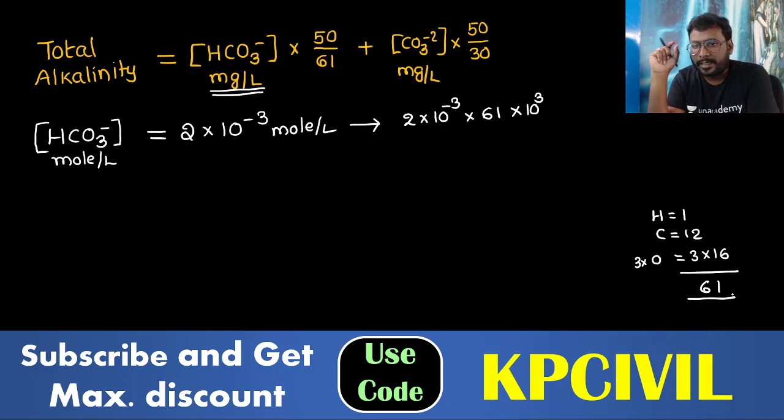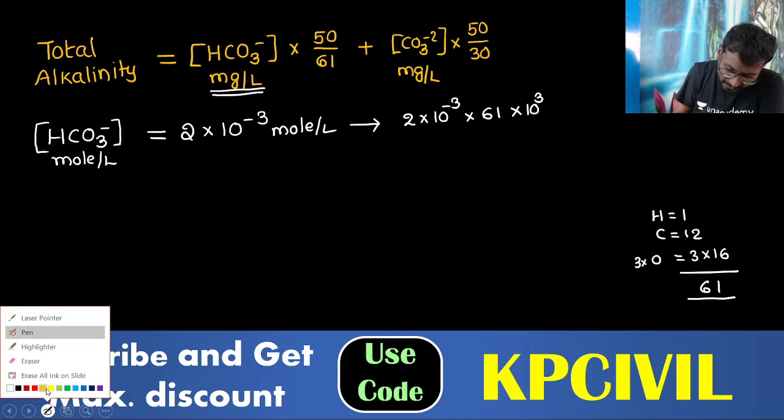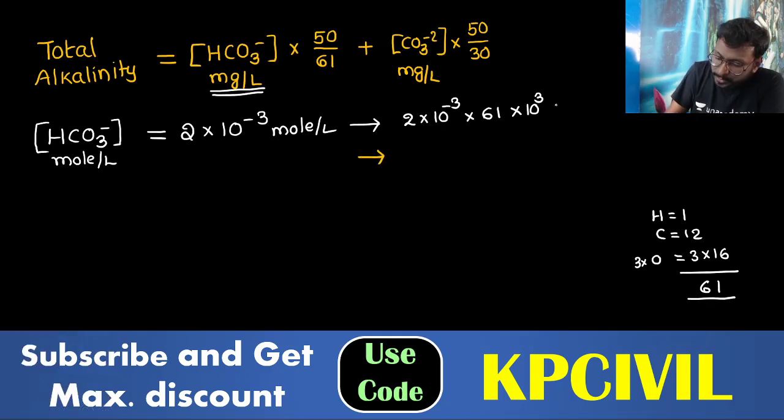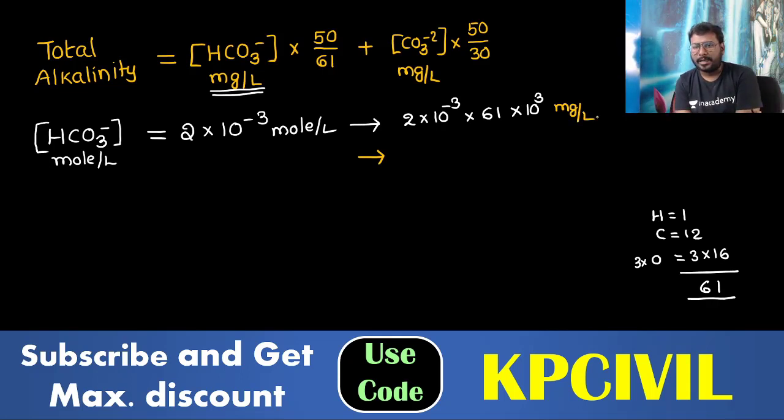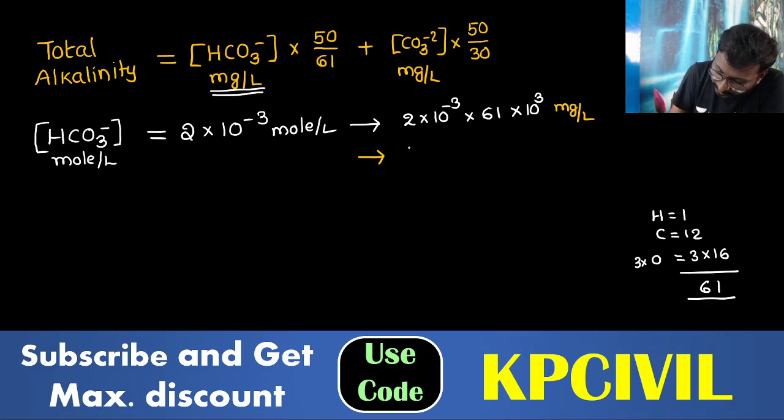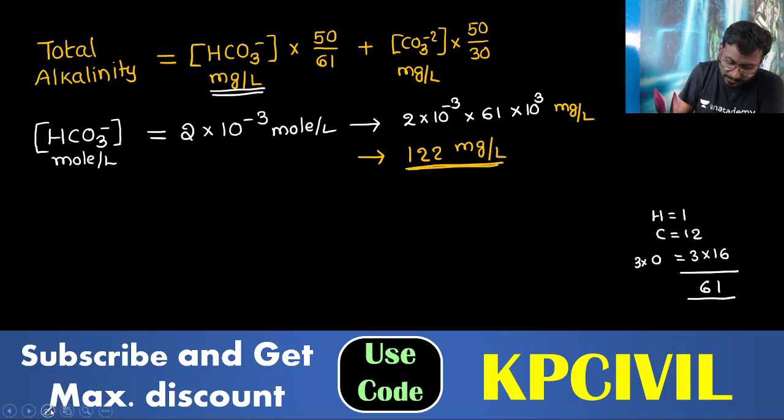So what is the HCO3 minus concentration in mg per liter? 2 into 10 power minus 3 into 61 into 1000. The 10 power minus 3 and 1000 cancel, so 2 into 61 is 122 mg per liter HCO3 minus.